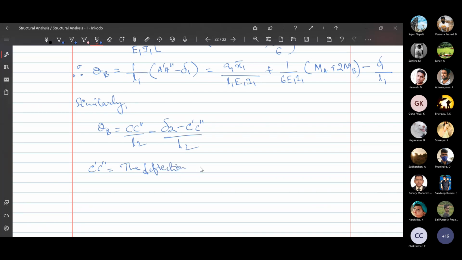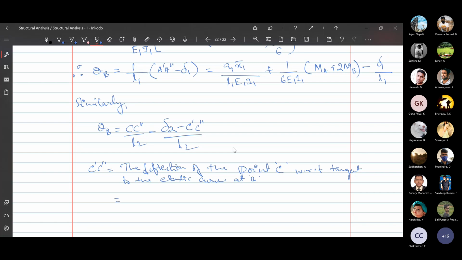It is the deflection of the point C with respect to the tangent to the elastic curve at B. Okay.